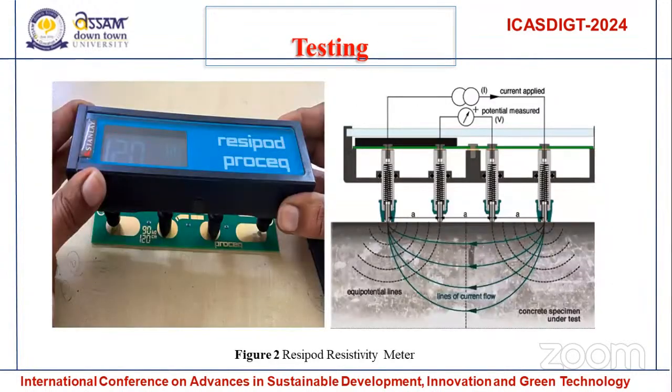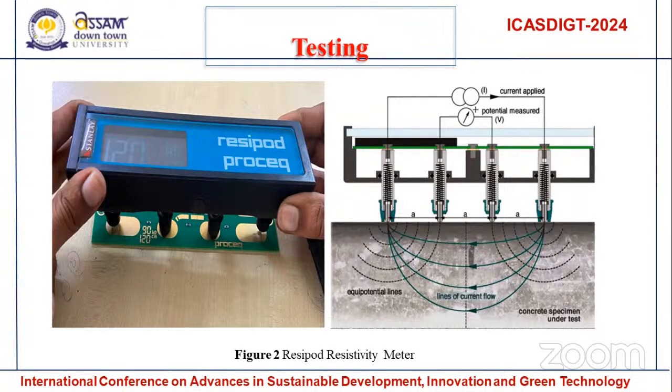As shown in this diagram, one side is the actual apparatus, the Resipod resistivity meter, and the second shows how it works. When we apply the electrical current, it flows through the concrete and forms equipotential lines, so we can find out how much resistance it gives to the flow of current based on their strength.